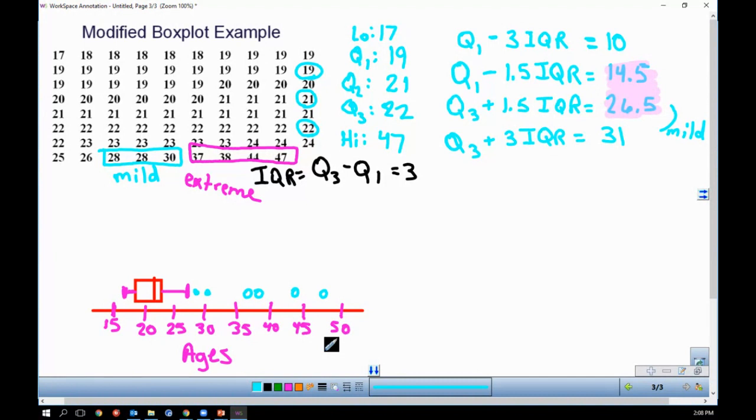Now you can look at this box plot and say, okay, I'm dealing with at least 6 outliers. Without even seeing the data set, you know you're dealing with at least 6 outliers. Those last 4 must be more extreme because they look different.